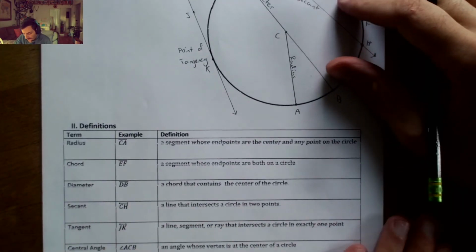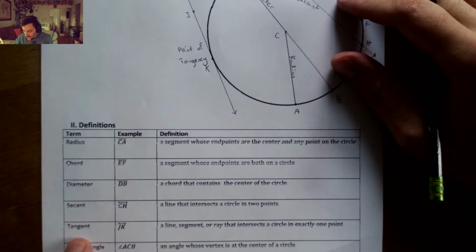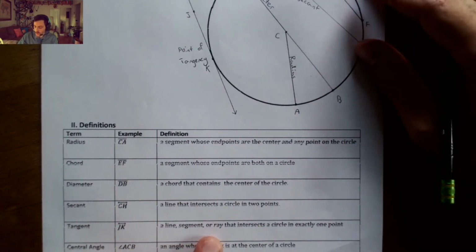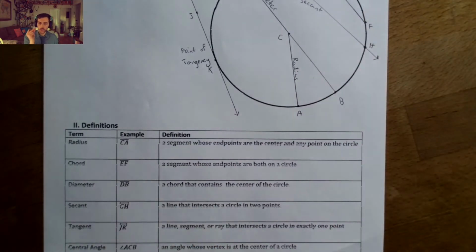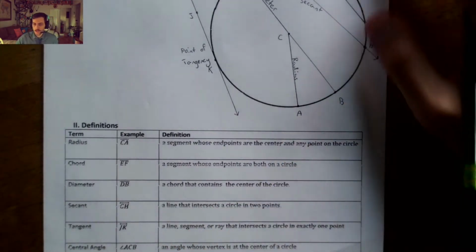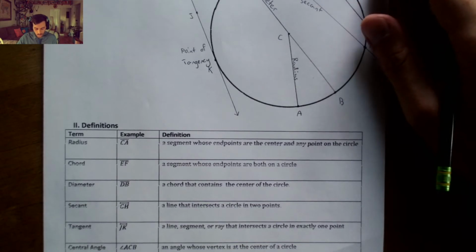So if you haven't seen your definition already, a tangent is a line, segment, or ray that intersects a circle at exactly one point.